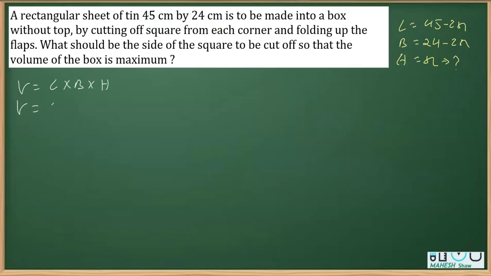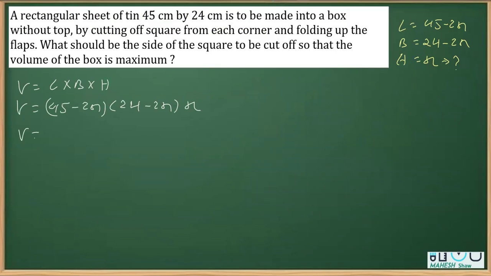So it should be 45 minus 2x, then breadth 24 minus 2x, and height x. Now we'll apply the distributive property.